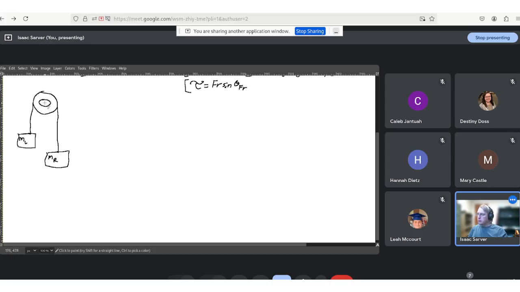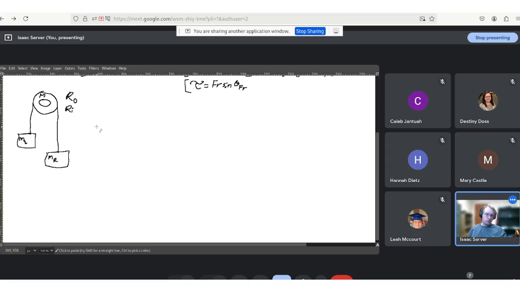There we go. Oh dear, we're out of space. Alright. So, he's got mass M. He'll have a radius R outer and a radius R inner. Did I say left and right? I did. Okay, apparently.